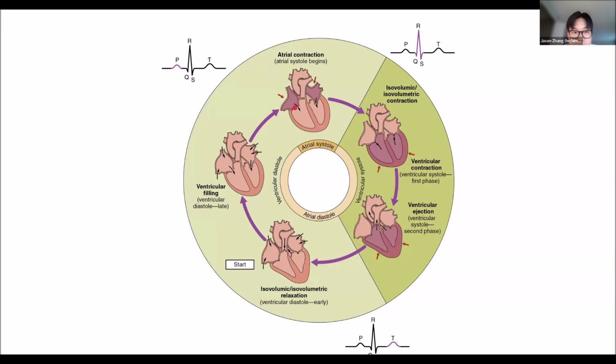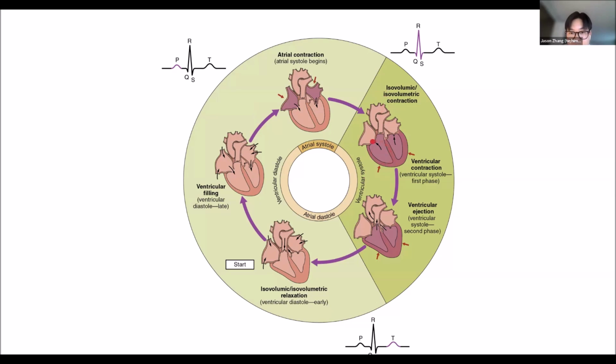And this matches up with the P wave on EKG. And then the next phase is the ventricular contraction. So there is an isovolumetric contraction, which means that the volume stays the same. So the ventricles are compressing, pressure in the ventricles is increasing, but the blood isn't being released into the body, so the volume is staying the same.